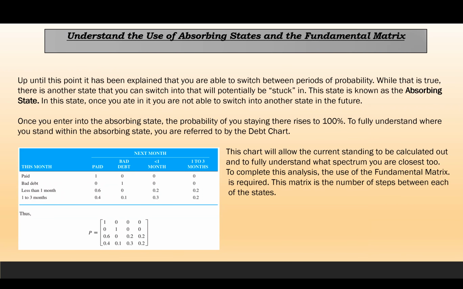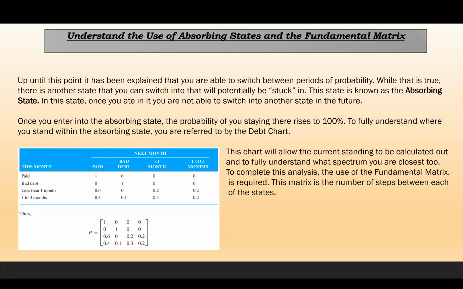So moving into absorbing states and fundamental matrix. Up until this point, we have learned that you can have different future states or you can have the exact same future states, but there comes a point where you're going to get put into one state known as the absorbing state. And once you are put into said state, you will stay in that state, quote unquote, being stuck in it.